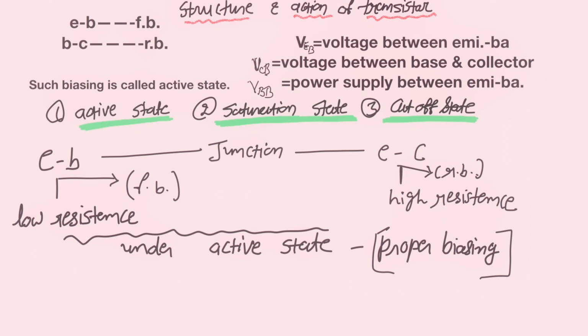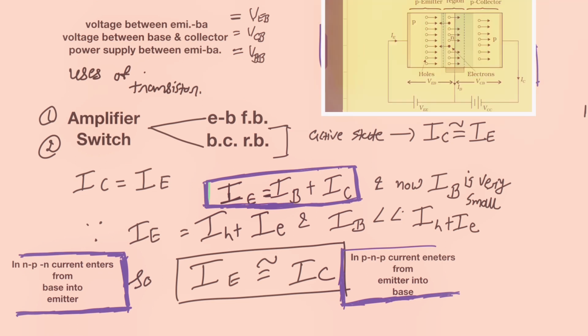When the emitter-base junction is forward biased and the base-collector junction is reverse biased, such a state is called active state. In active state, the emitter-base junction has low resistance and the emitter-collector junction has high resistance, and you have to understand the role of VEB, VCB, VBB, IB, IC, etc.